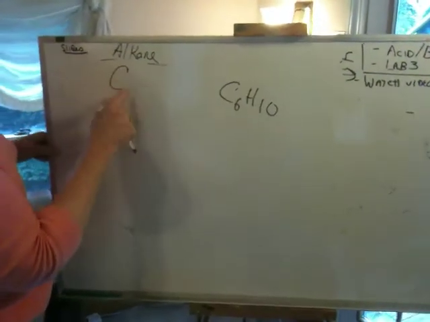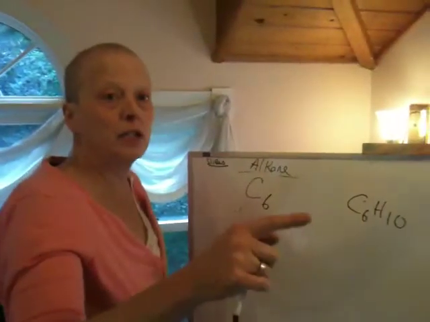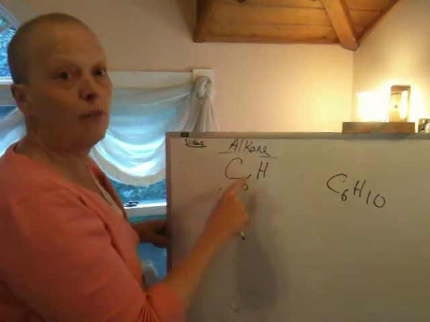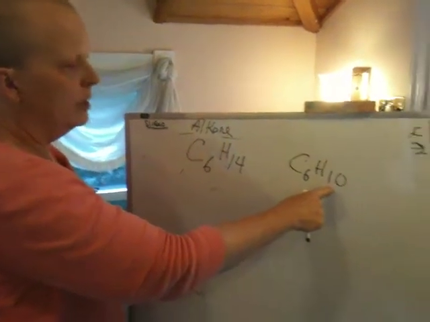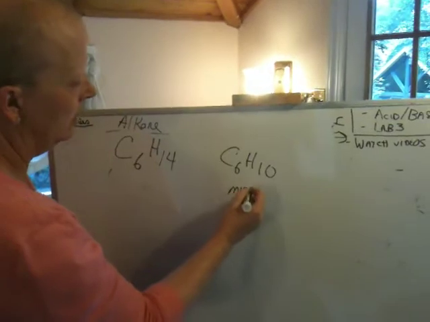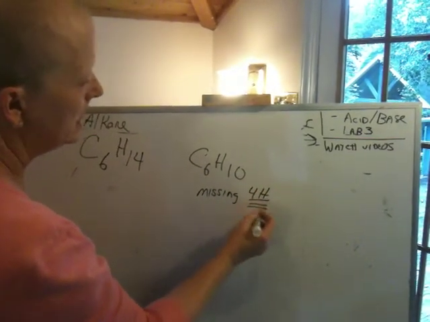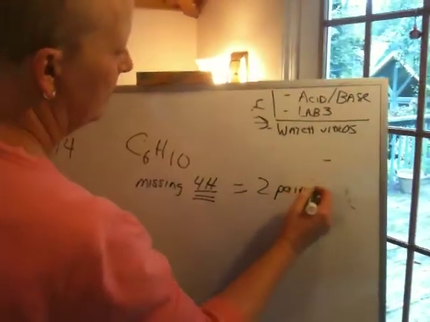The alkane formula for something that has 6 carbons would be 2N plus 2, so H, 2 times 6 is 12, plus 2 is 14. So this is off by 4 hydrogens, missing 4 hydrogens. What this equals is 2 pairs of hydrogens.